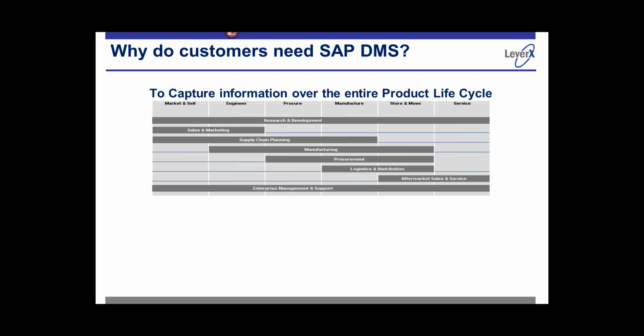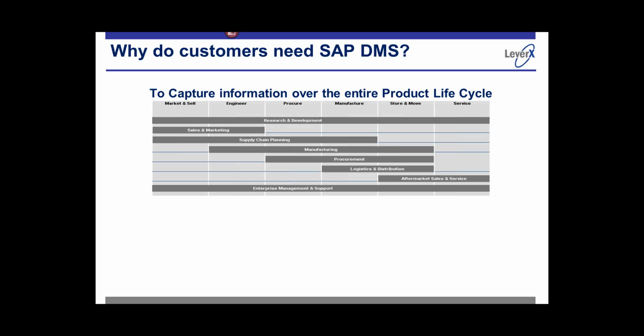The big thing to remember, though, is if you create it and it's in a shared drive or on a laptop, sharing that information across the enterprise becomes cumbersome, awkward, and very error-prone, because you have different ways of getting to that data.